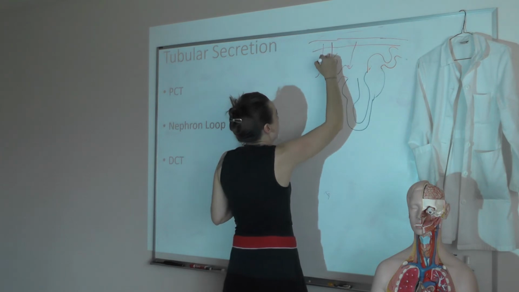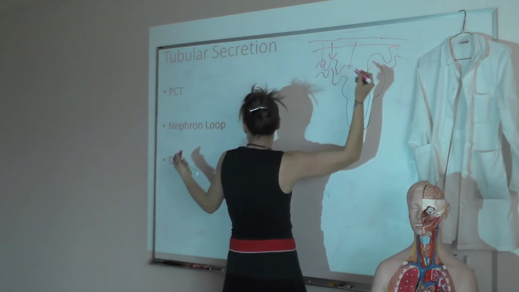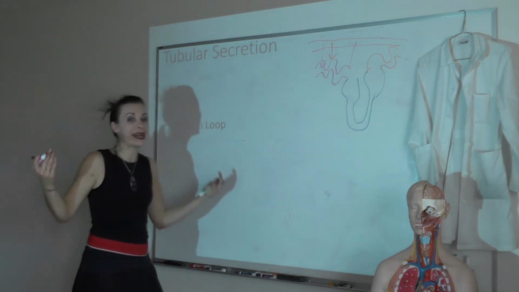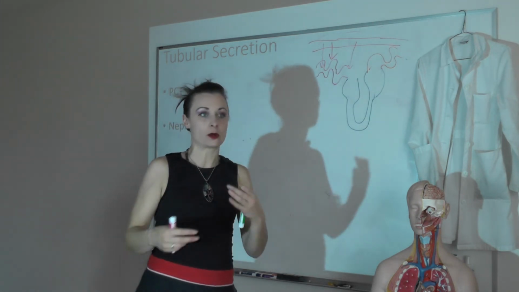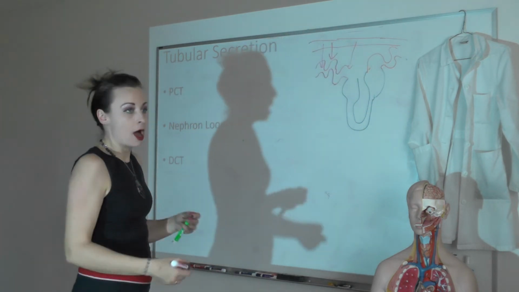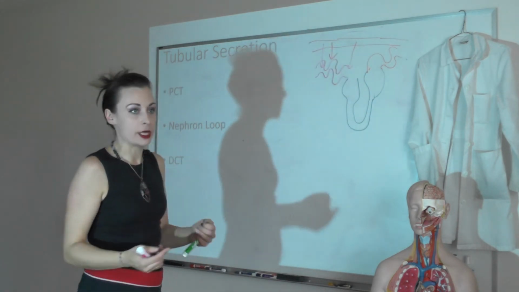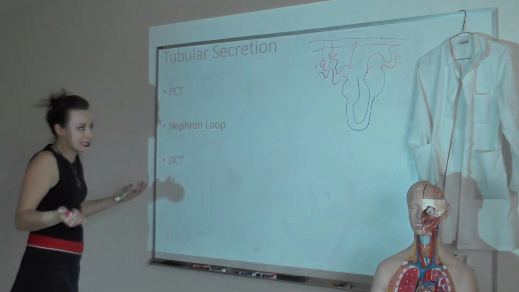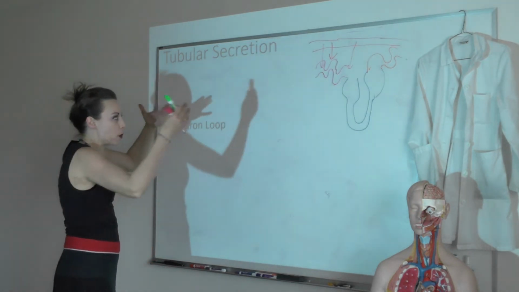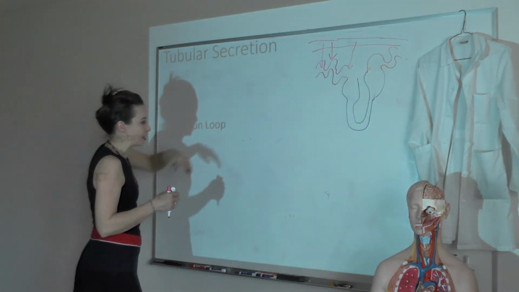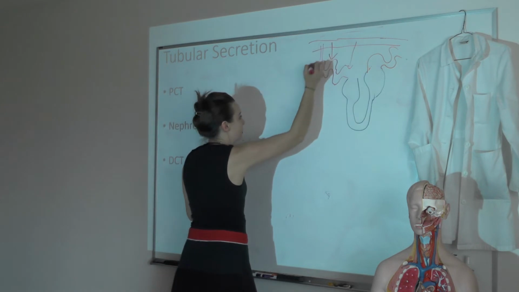Wastes like ammonia, and this is also where I'll pull out my excess, if I've got excess hormones or excess vitamins or excess minerals. So drugs I can pull out here. I can pull out creatinine, just all of the wastes that are floating around in my blood. I'm going to pull them out of the blood and concentrate them in the fluid that's passing through here.